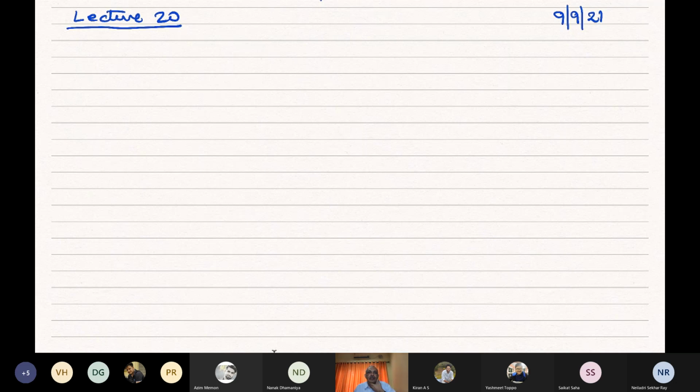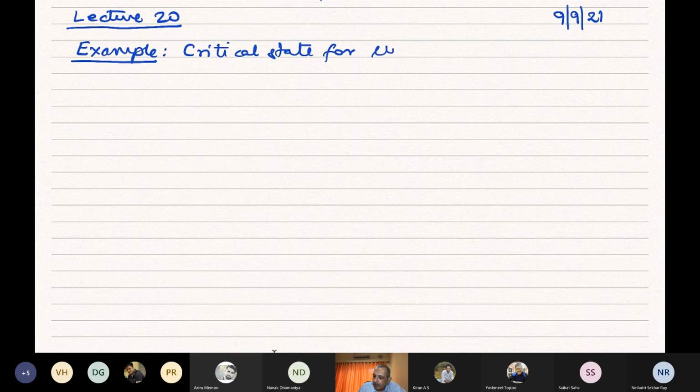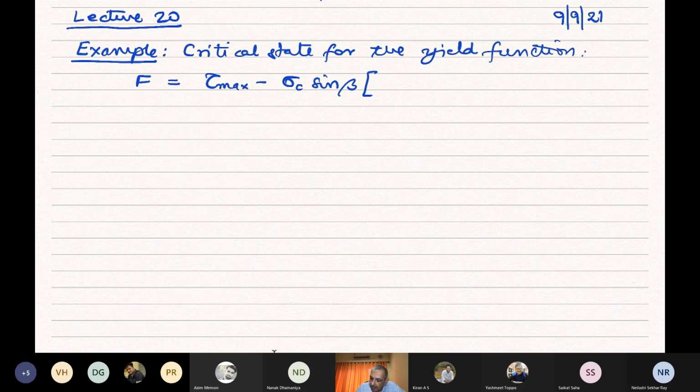So I want to look at an example for which, supposing we are given a particular yield function, can we find out the critical state for the yield function given by f is equal to tau max minus sigma c sine beta into n alpha minus n minus 1 of alpha raised to the power of n divided by n minus 1.